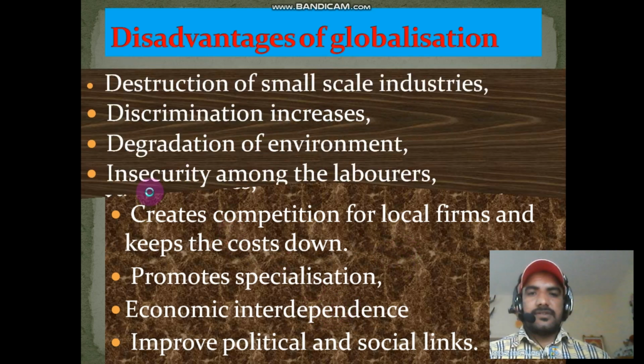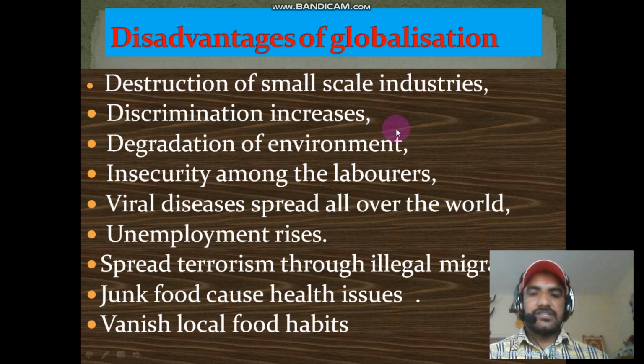Go to the next question, that is disadvantages of globalization. So what are the disadvantages? Globalization must be adopted in a limited way, otherwise it has an ill effect on our economic status.